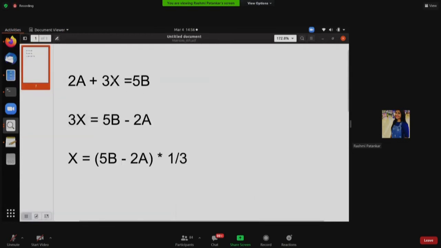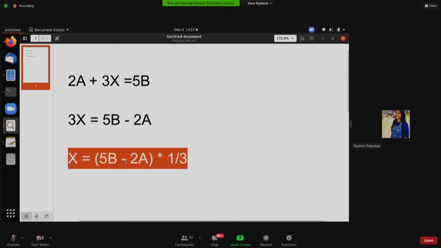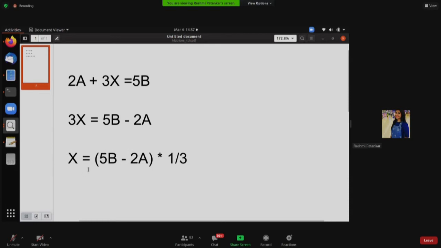In order to calculate the value of matrix X, we have to take whatever is on the left hand side to the right hand side of this equation. So that is what I have done. This is 5B minus 2A, and just to have X alone on the left hand side, we have divided throughout by 3. So this is our final equation. And once we solve this, we will get the value of matrix X, correct?